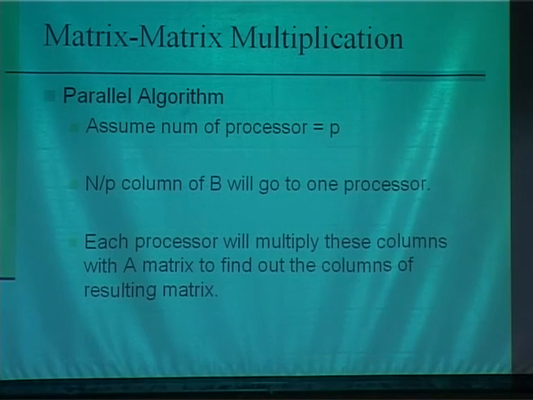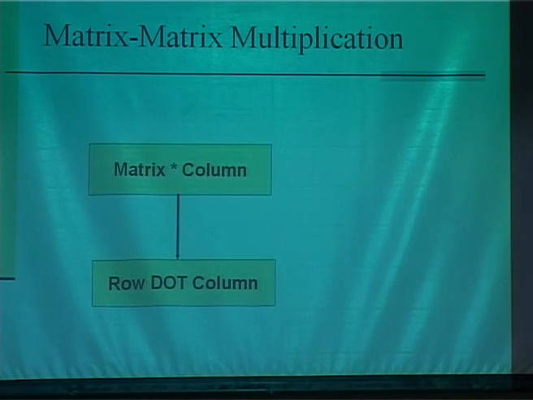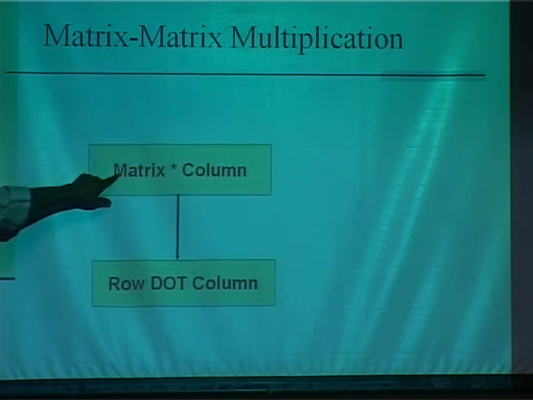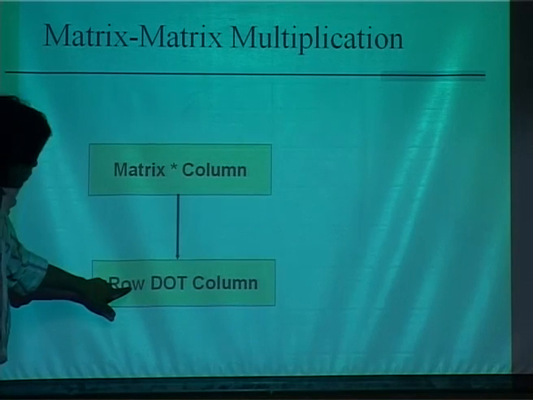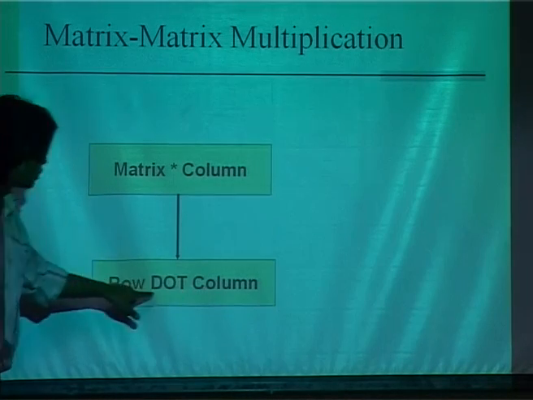Now the parallel algorithm, assuming P processors. The basic two steps involved in matrix multiplication are matrix multiplied with a column, which in turn calls the row and column dot product.